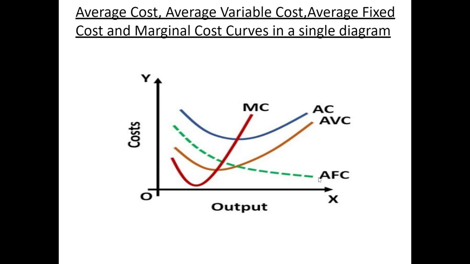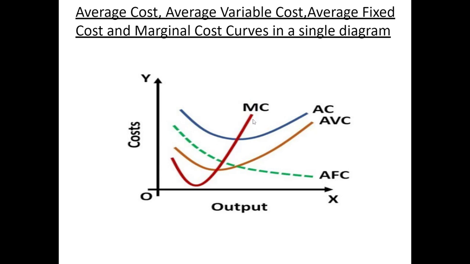And since average fixed cost can never be zero, there will always be a gap between the AC curve and the AVC curve. That means the AC curve and AVC curve will never intersect each other because AFC can never be zero.